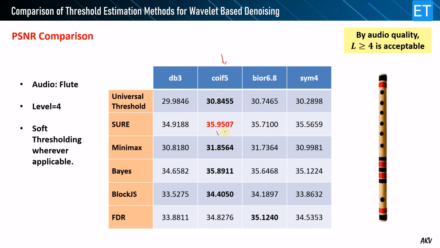SURE is also for coif5, and all others are for coif5 except FDR, which is for biorthogonal 6.8. So again coif5 is performing better, and again SURE is giving me the highest PSNR as compared to all others. So the SURE and coif5 combination is still working well for flute.